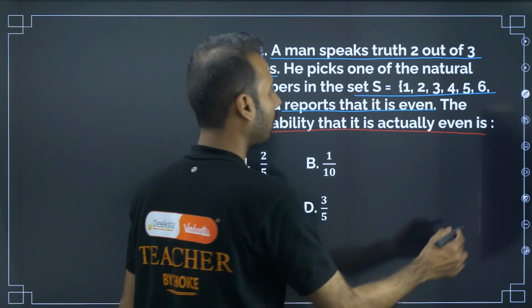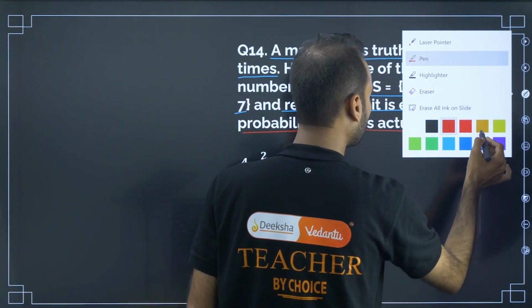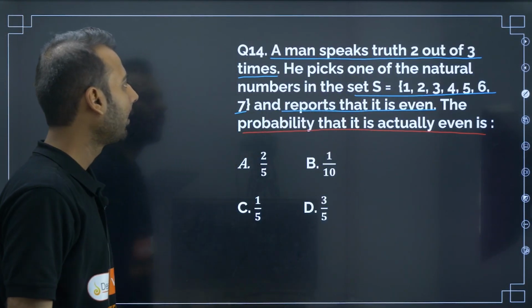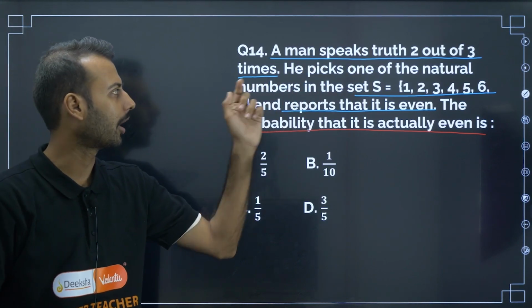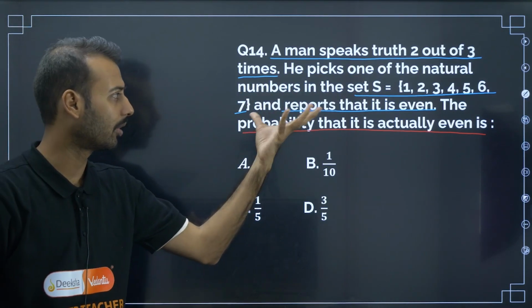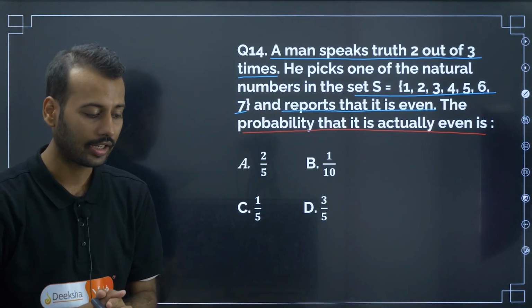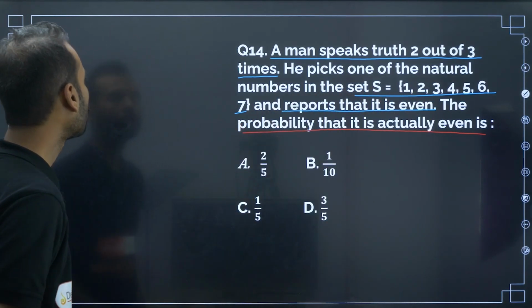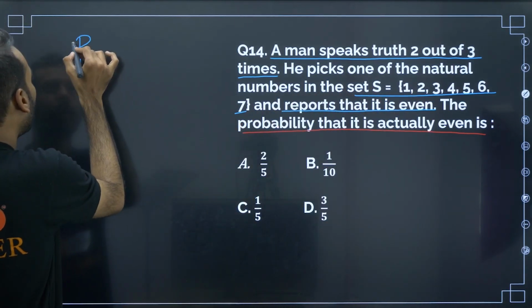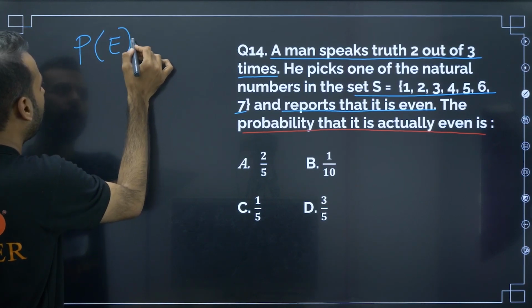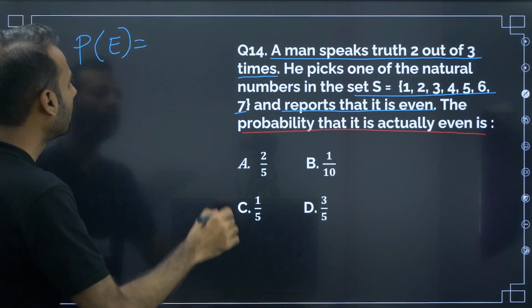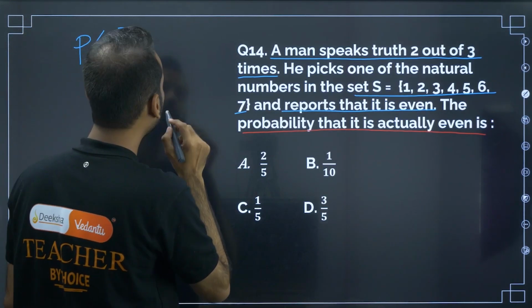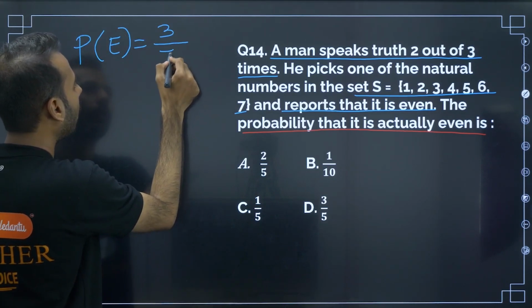Now I will go through the question and try to extract some data. A man speaks truth 2 out of 3 times. Okay, he picks one of the natural numbers. So the random experiment here is picking a natural number from the set S. So probability of an even number: how many even numbers are there? 3 even numbers. How many total?